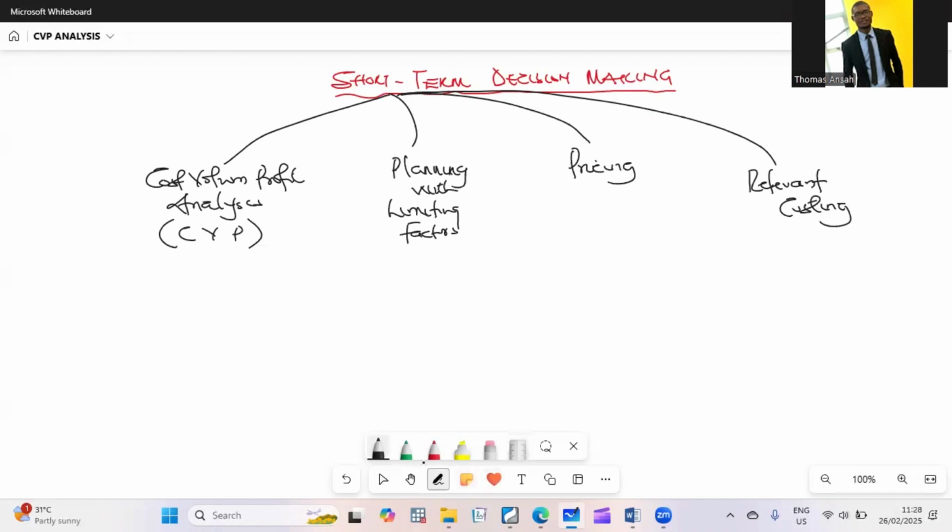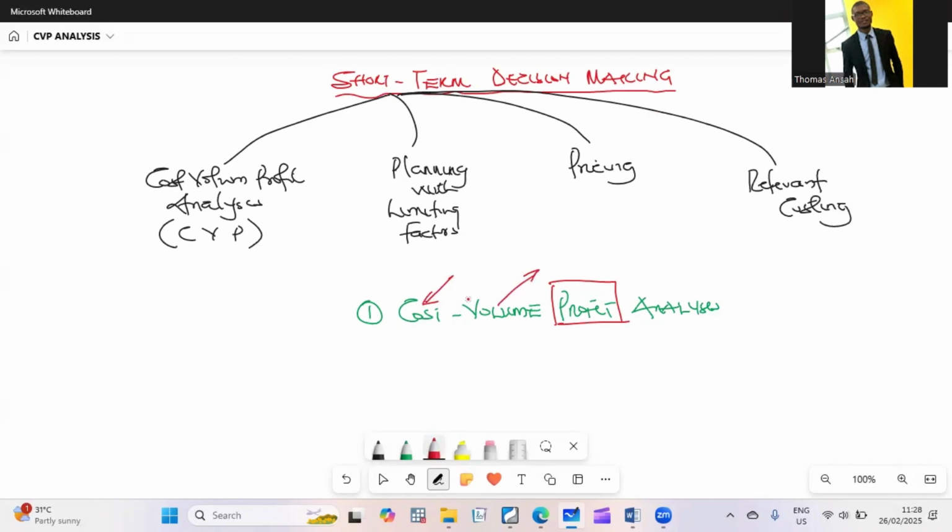But quickly, let's start with the CVP analysis. Cost, volume, profit analysis. Now, the focus is actually on profit. And profit is about whether you can reduce costs, increase your volume.